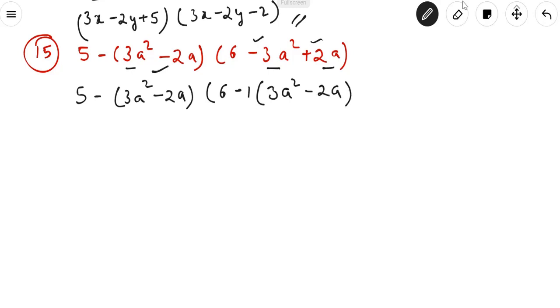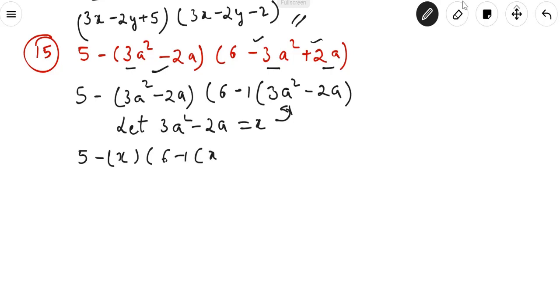Now what will I do? I will consider, let 3a square minus 2a is equal to x. Now this one I'm going to substitute in the above equation. So the above equation becomes 5 minus x, into 6 minus 1, into x.